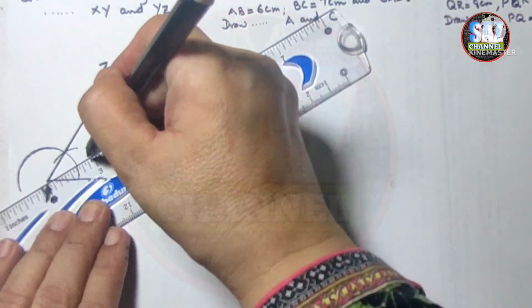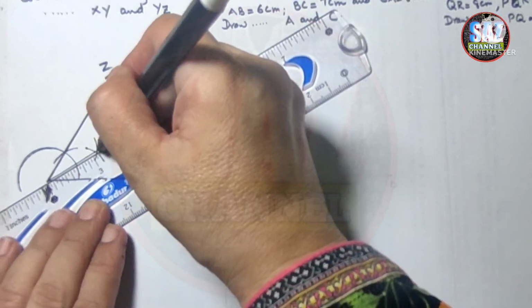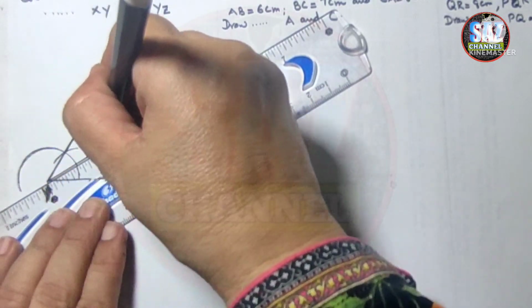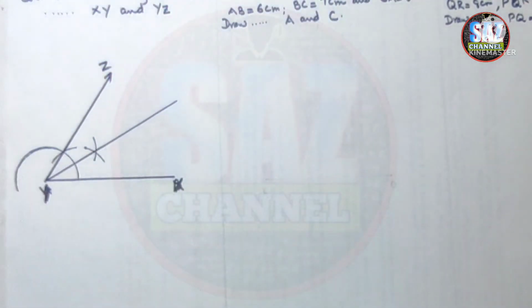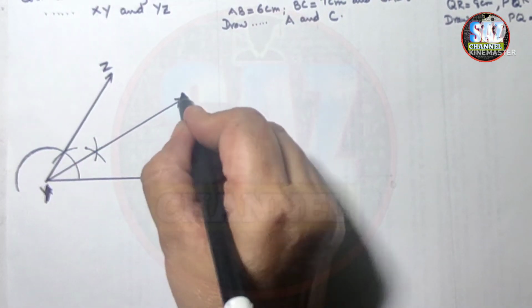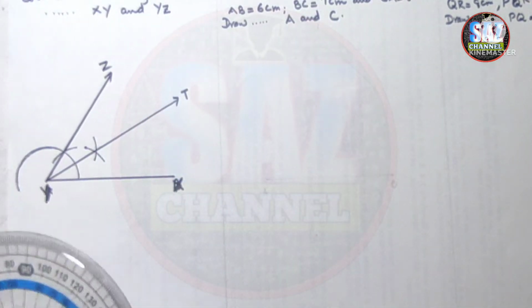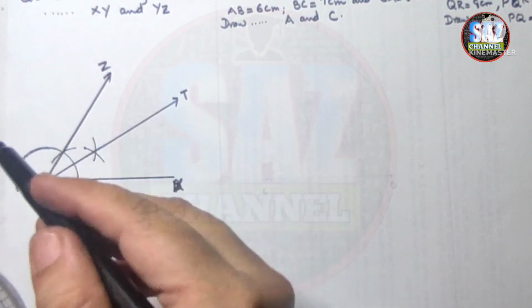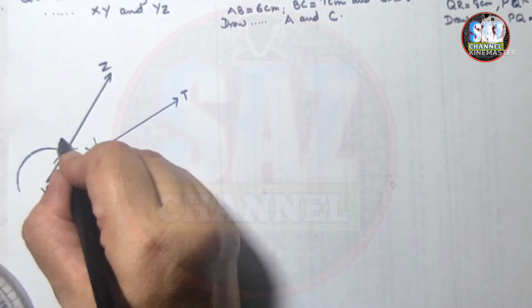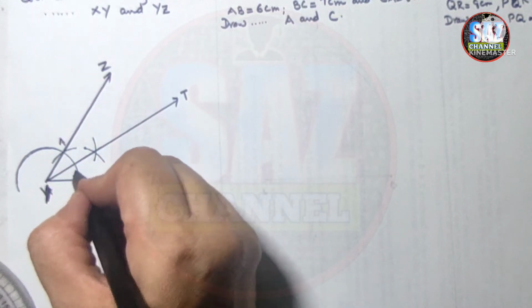Let me do it more accurately, because my students will be watching this all, and let it be T or whatever you want. And now, we can check whether, from these points A and B, the arc A to T is equal to B to T or not, and what is the measurement of that.